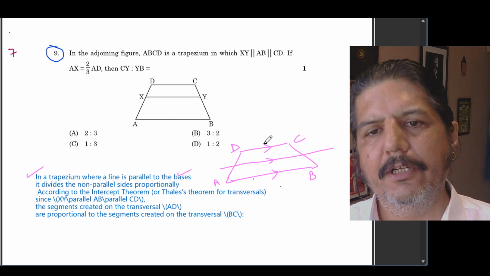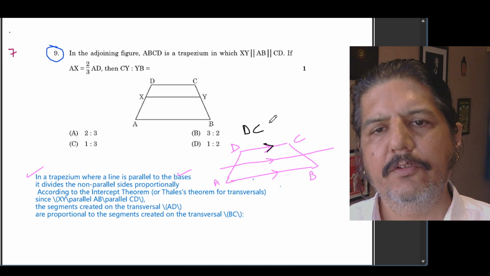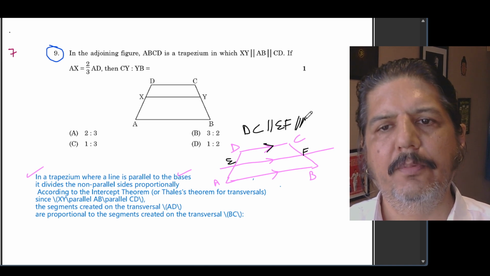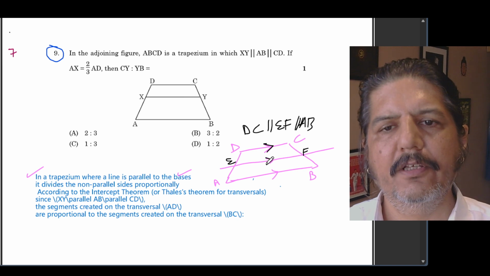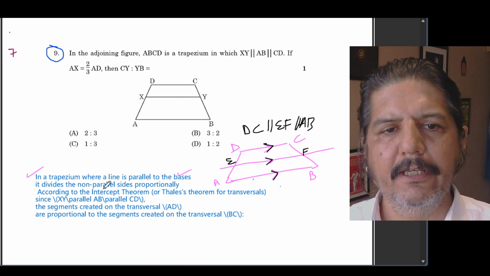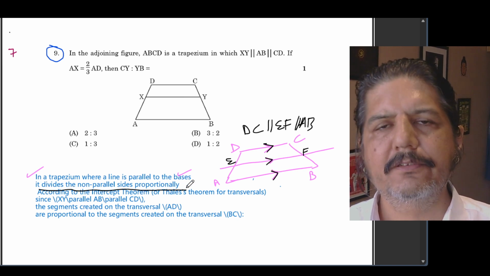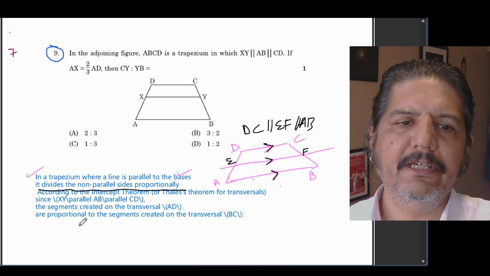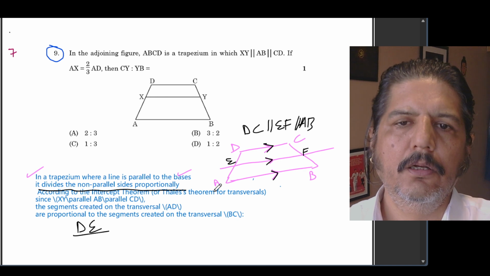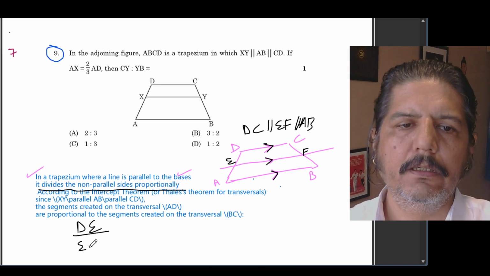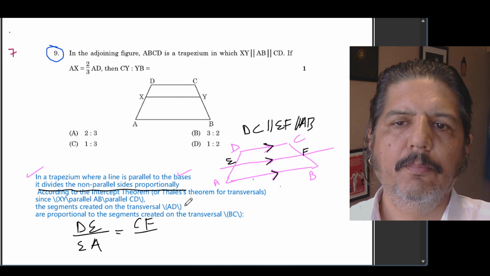So see, DC is parallel to EF, which is parallel to AB. So these three lines are parallel. The theorem is saying that it divides the non-parallel sides proportionately. What this means is that DE upon EA would be equal to CF upon FB.